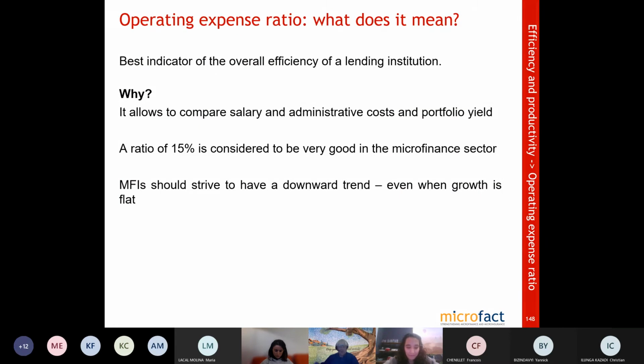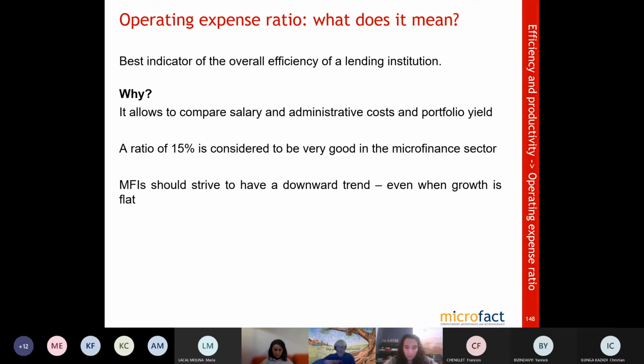For every 100, if you have a good portfolio quality, you spend 1 or 2 on provision expenses. And if you add all of these, you know exactly what your client has to pay in interest rate just to cover your costs. And you want to have a little bit more than your cost, because microfinance organizations also make profit to make it possible for them to grow.